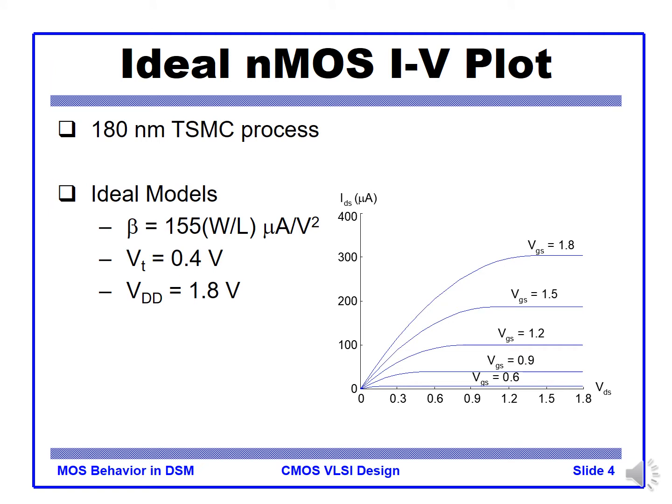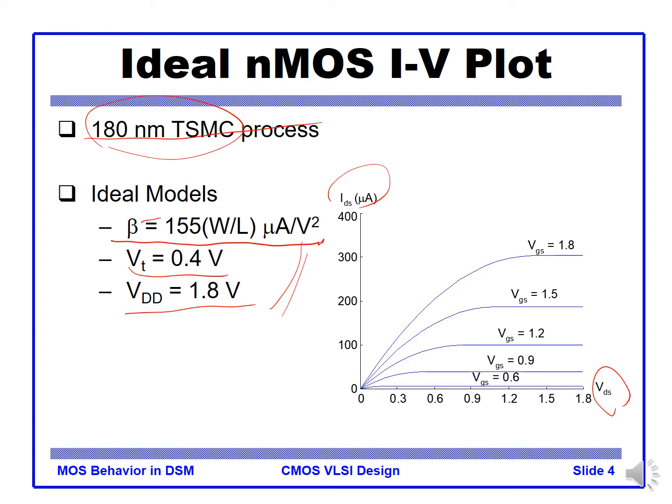So let's assume we have a 180 nanometer TSMC process. If we extract the values from this process, the beta is approximately like this, and VTH is around 0.4 volt, and VDD is 1.8 volt. Using that information, if you draw the IDS versus VDS curve, we plug those parameters into the ideal square law model, right?